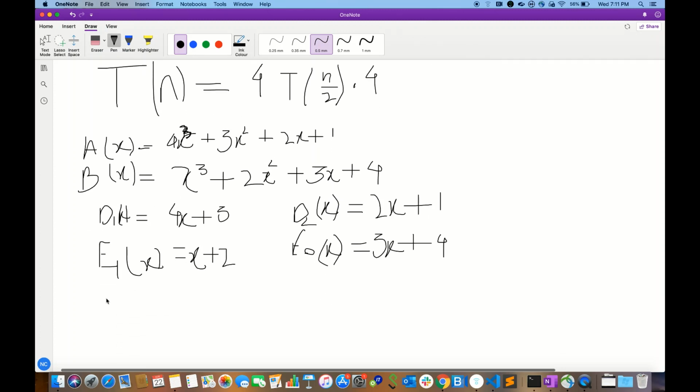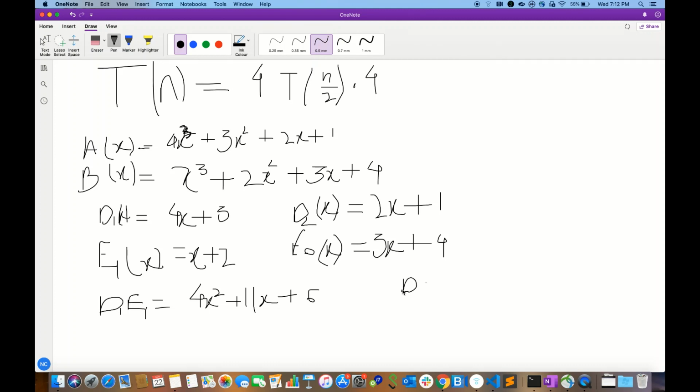so let's compute all of them. d1 e1 will result in 4x square plus 11x plus 6, and d1 e0 will result into 12x square plus 25x plus 12.